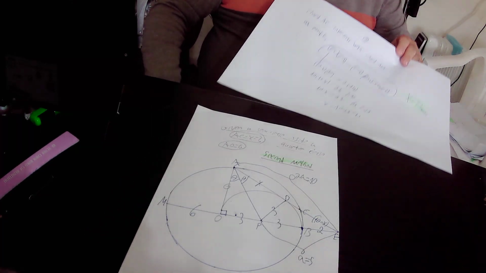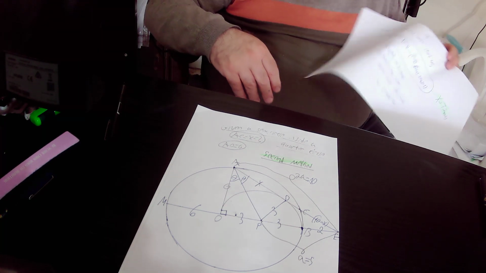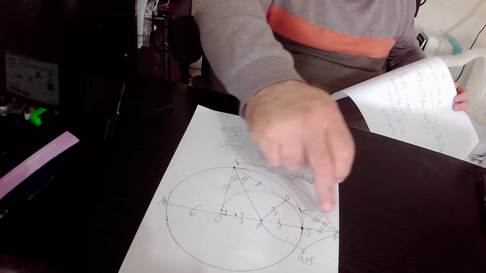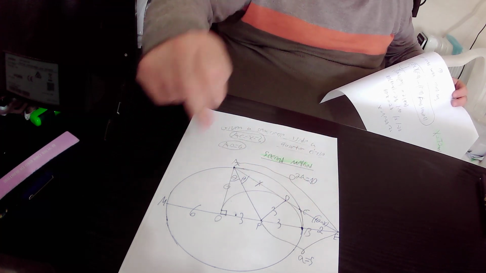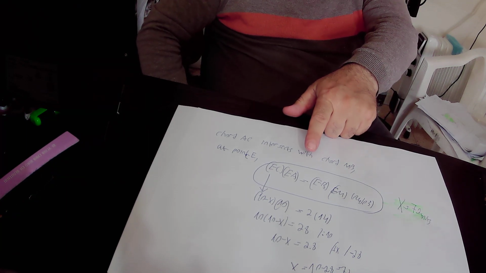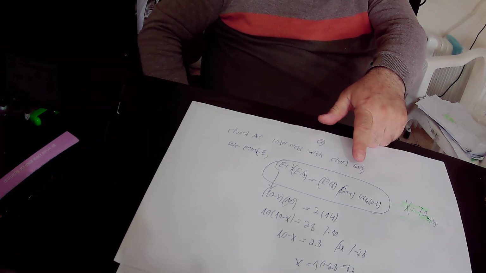Therefore, according to rule number 3, we get that EC times EA equals EB times EM. Okay? EC times EA equals EB times EM.